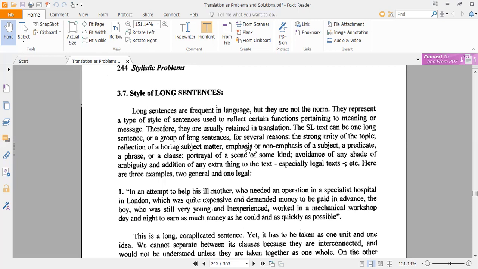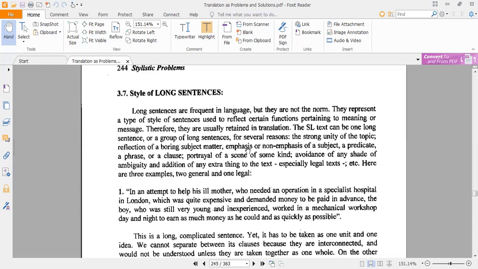And I said that one Arabic paragraph can only include one sentence from the very beginning till the end. 10 pages, or I mean 10 lines, or 5 lines, or even 15 lines. It is a whole paragraph, and this paragraph may contain only one sentence.